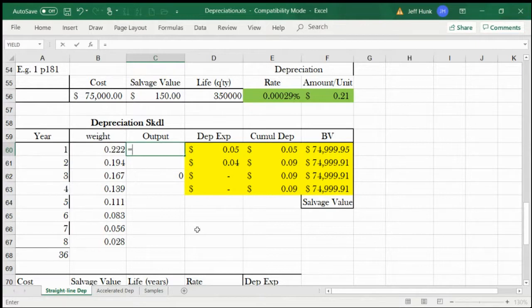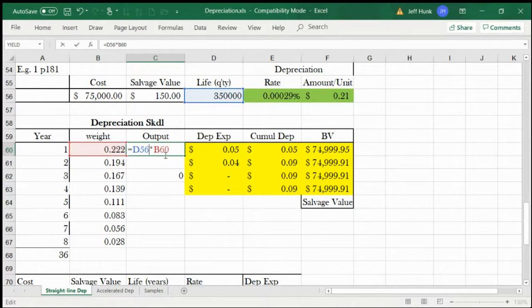So in the first year, 22% of this 35,000 was produced, so you simply multiply that by this. And I will lock this.